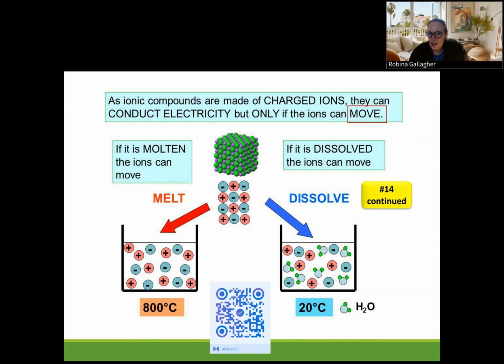Last one on question 14. So ionic materials become conductive because the ions can move, okay? And they can move when they're dissolved. That's why electrolytes, when you drink them, are in liquid form.